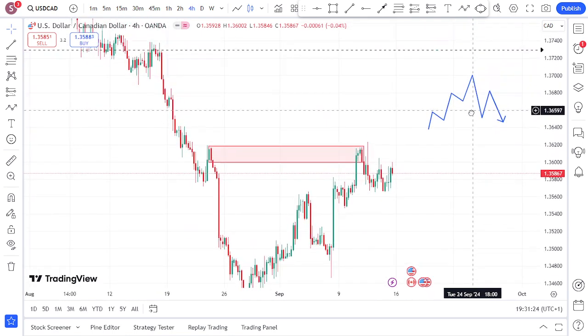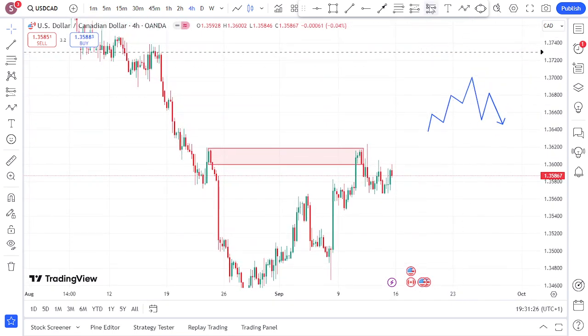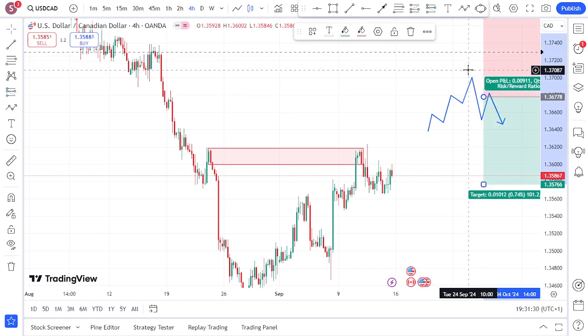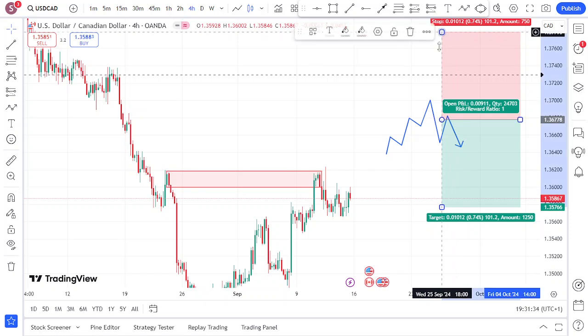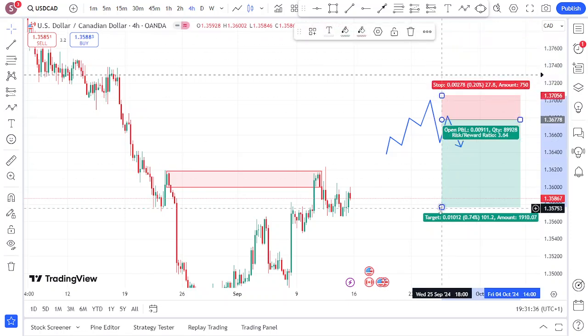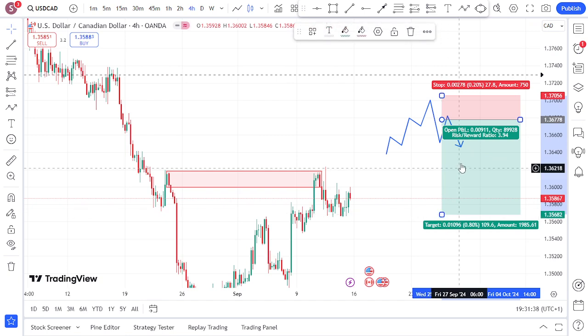You want to capitalize on this second leg where the structure has now aligned with what your higher time frame is saying. So you wait for a break of structure or a change of character, and then you take your trades. That's the thing I always look out for.